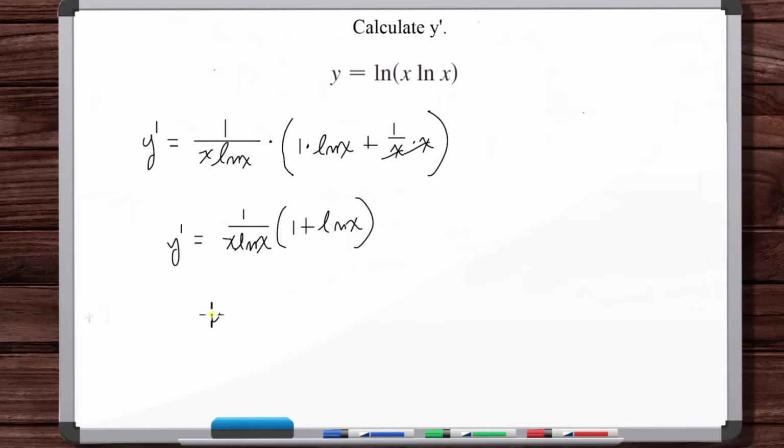We could try distributing this and see. No, let's just leave it. We can bring this into one fraction, so 1 plus, yeah, there we go. That's the derivative.